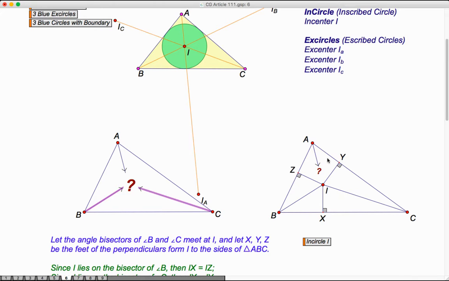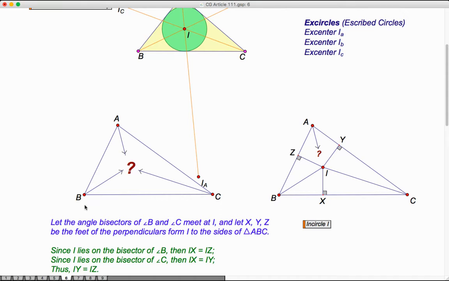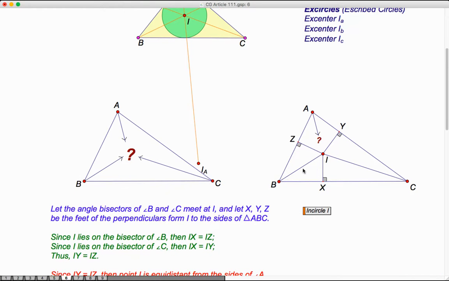So all that we need to do is to focus on the angle bisector of angle A. Since BI and CI are angle bisectors, first we consider this one. I being on the angle bisector of angle B means that IX is equal to IZ.